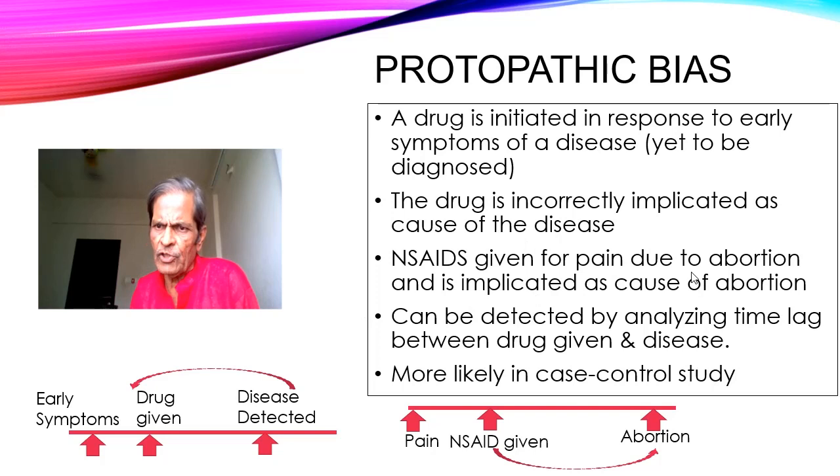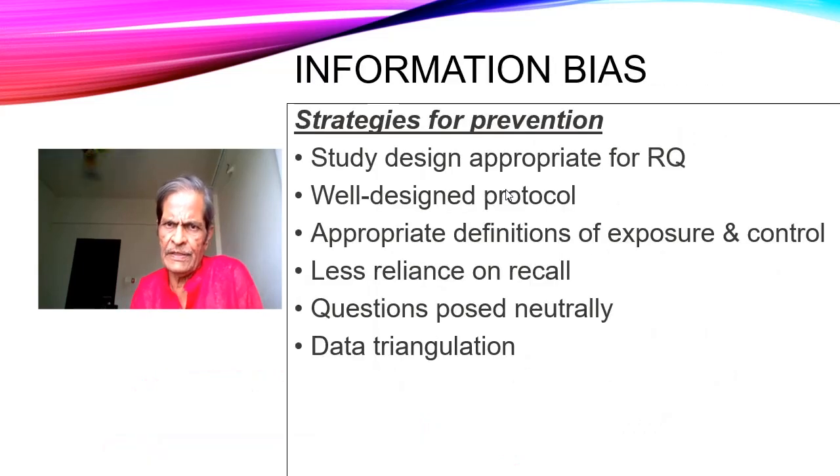So when retrospective inquiry was made, it was found that NSAID was given, and the controls were the non-abortion cases attending that hospital. Naturally, because the pain was not there in those persons, the NSAIDs were not given in those patients, and that's why an incorrect positive association between abortion and NSAIDs was made. This was incorrect because a protopathic bias had occurred in this case.